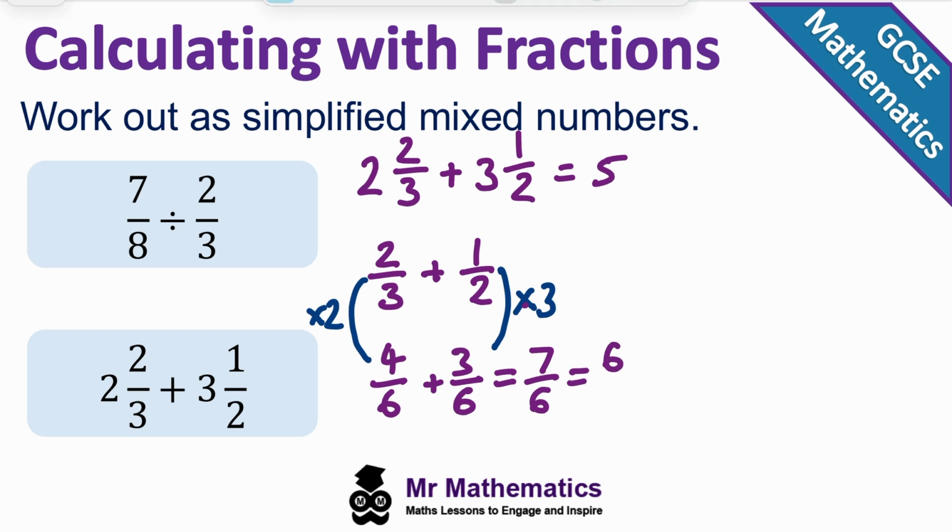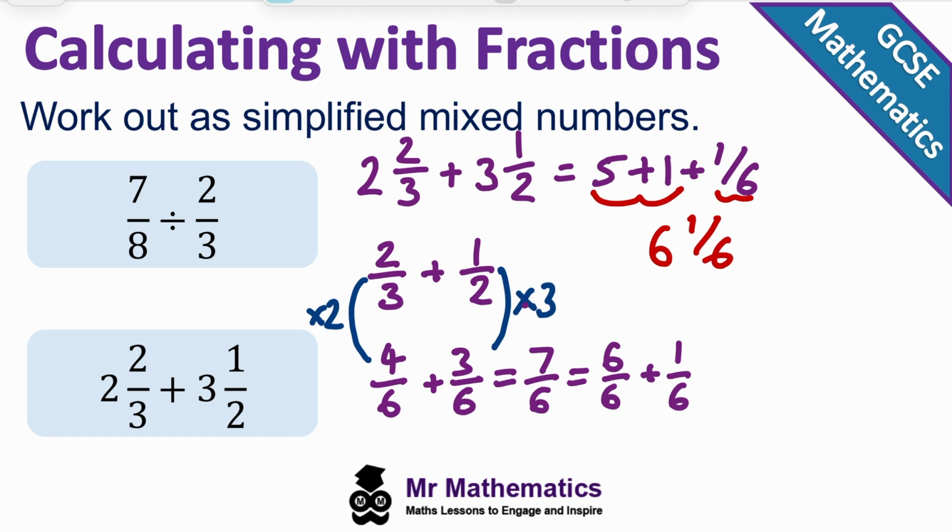Well, this will be 6/6 plus 1 more 6th. Can you see we have 7/6 in total, 6 here and 1 there. We know this is a whole, so this is just adding the 1, and then you've got the 1/6. So in total, we've got 5 add 1 and the 1/6.